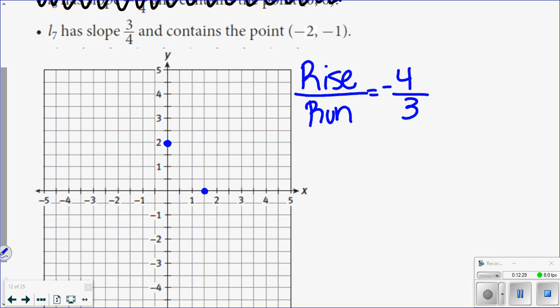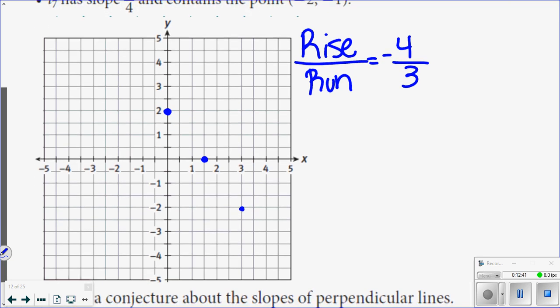Keeping my pencil there, I'm going to do the exact same thing again. Down 4, right 3.